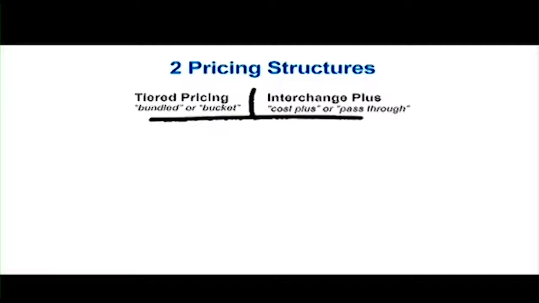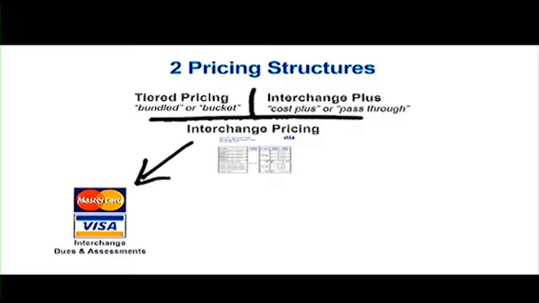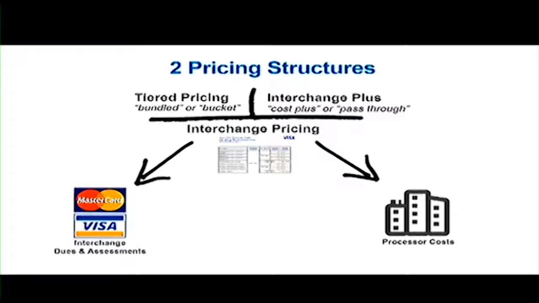In order to compare these 2 pricing models, let's first look at how the 2 pricing structures are related. First off, interchange costs are at the core of both pricing models. The fees for any given transaction are broken down into 2 main categories: interchange costs, along with dues and assessments, and processor costs. Dues and assessments are paid to the card networks, which is Visa and MasterCard, and are the same for everyone as are interchange costs.